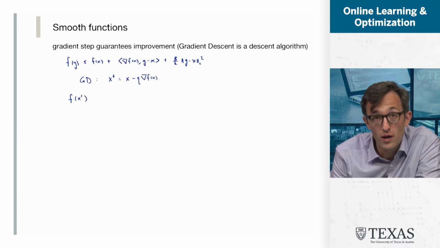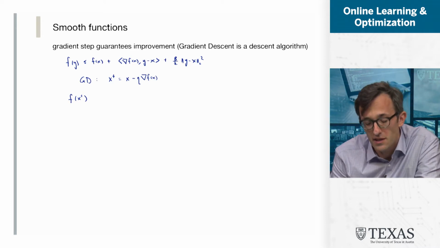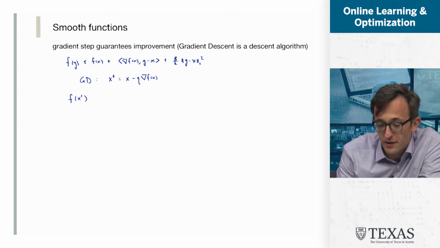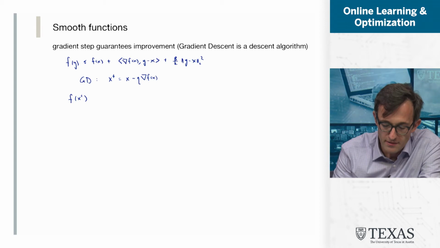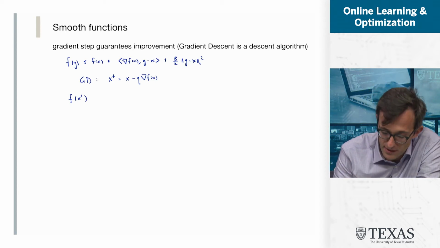What I want to show is that this is going to be strictly less than f of x unless we're already at the optimal solution, in which case you can see that the optimal solution is just a fixed point of the gradient descent iteration. And you can see that this quadratic upper bound is exactly the tool that I need if I'm hoping to get an upper bound on f of x plus.